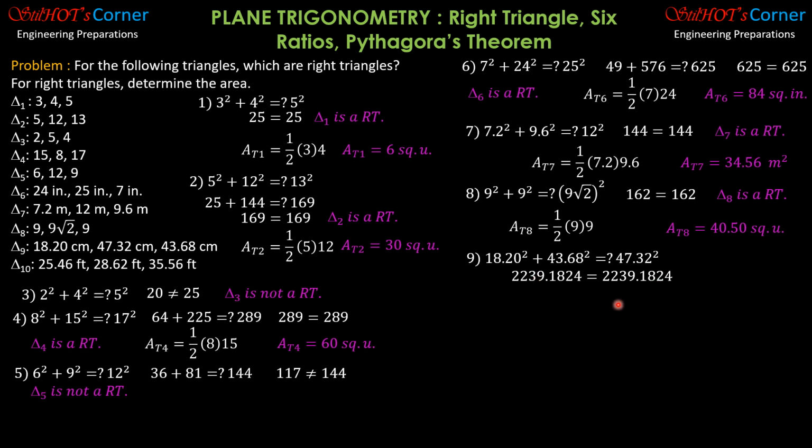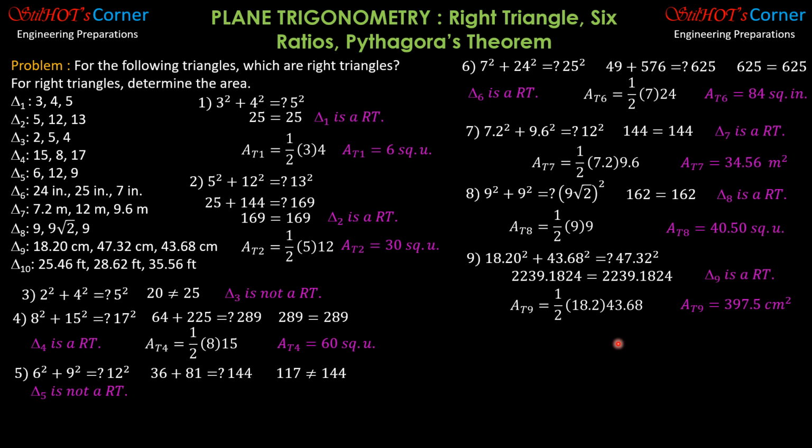They are equal. Therefore, triangle 9 is a right triangle. The area is 1/2 the product of these two shorter sides. So the area of triangle 9 is 1/2 of the quantity 18.20 times 43.68.